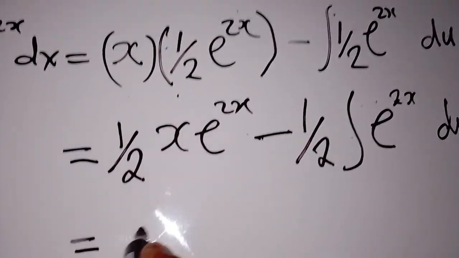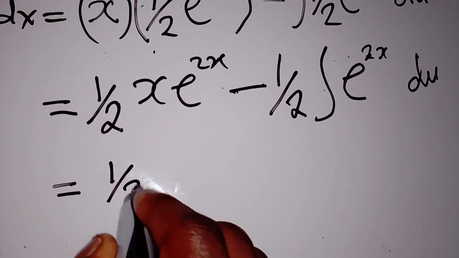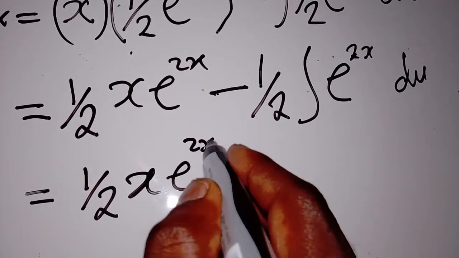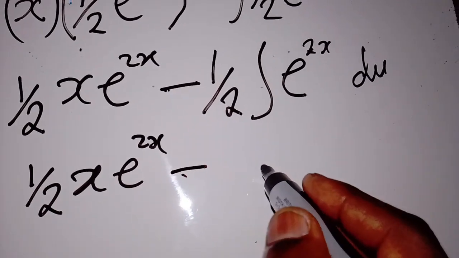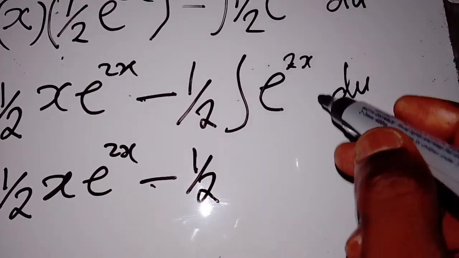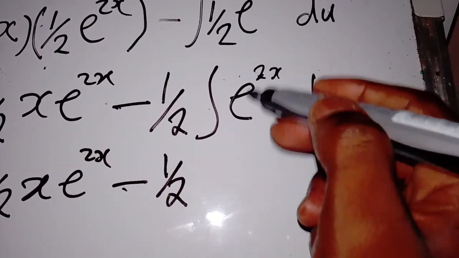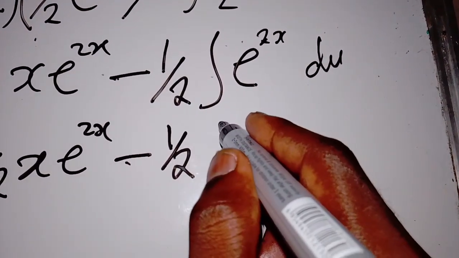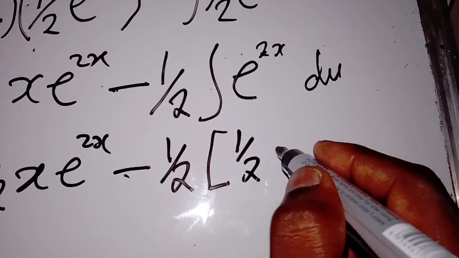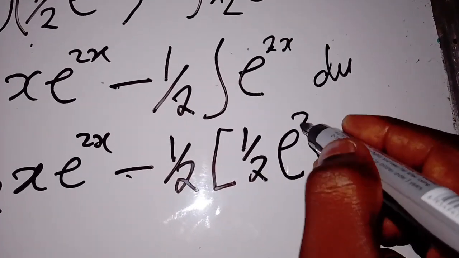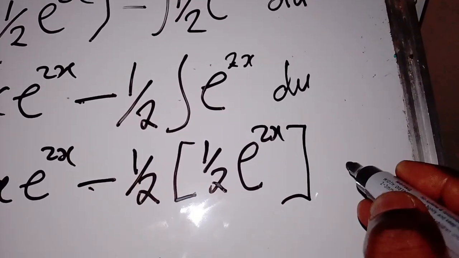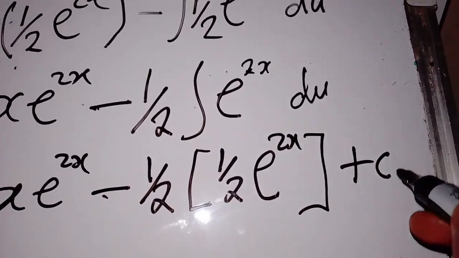it is going to be 1 over 2 x e to the power 2x minus 1 over 2. So if you integrate what we have here, it is going to be 1 over 2 e to the power 2x, plus c.